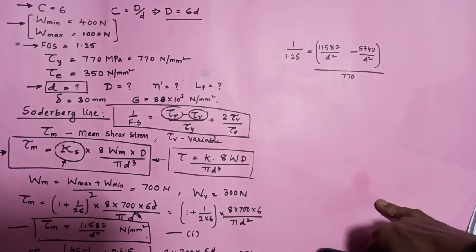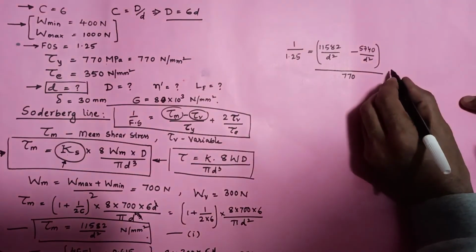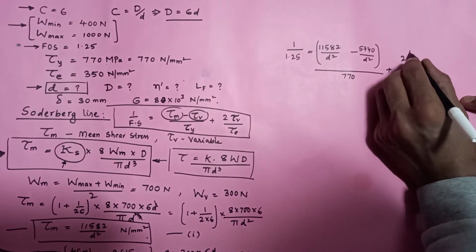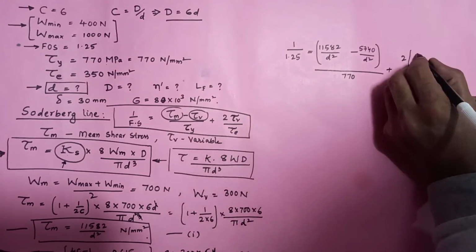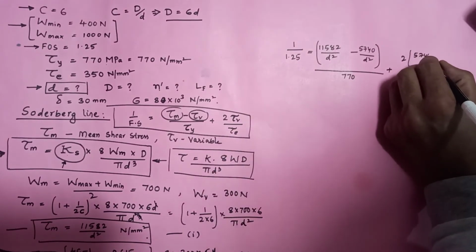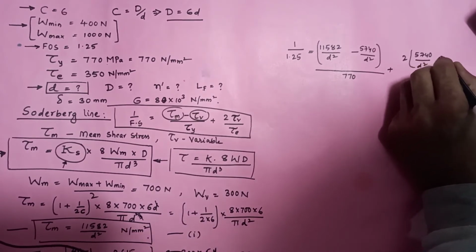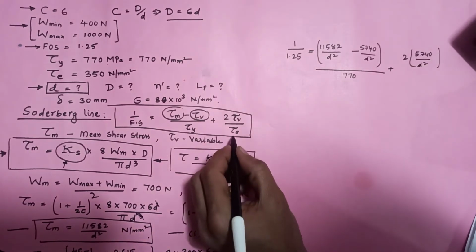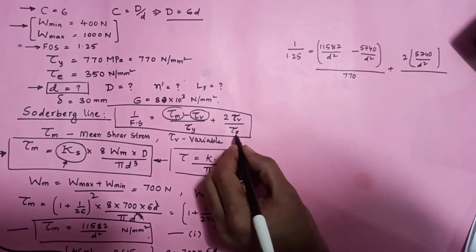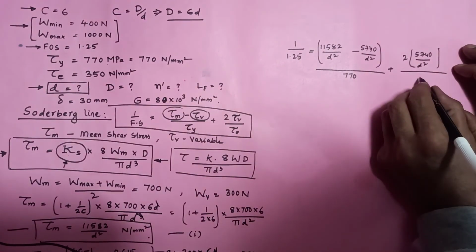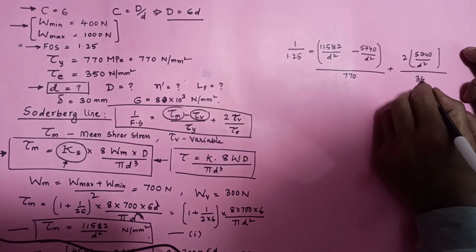After that again we will go for plus 2 into the variable shear stress 5740 by D square, by tau E. Tau E is the endurance shear stress, that value is given as 350.